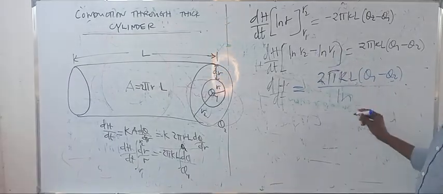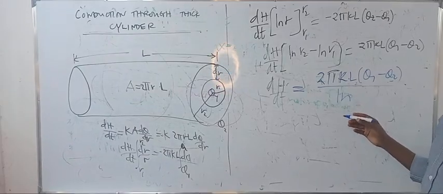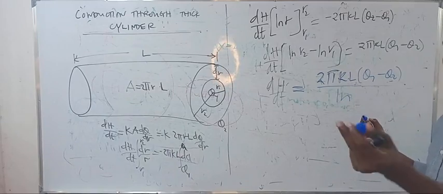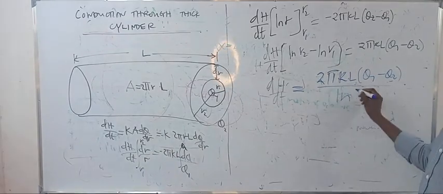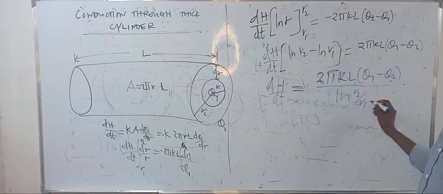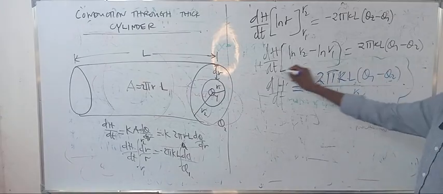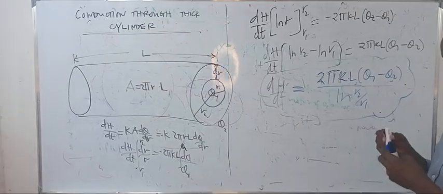If you subtract the natural logarithms, that means we divide, so it is ln of R2 over R1. This is the formula to find the rate of flow of heat through the cylinder.